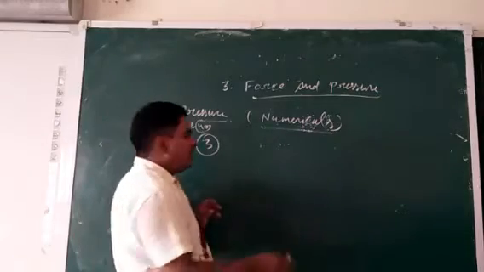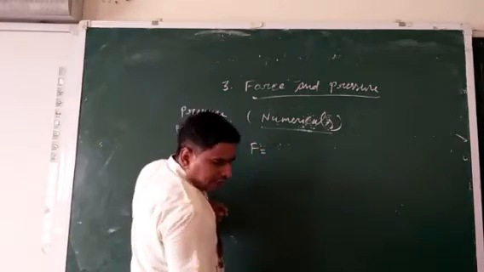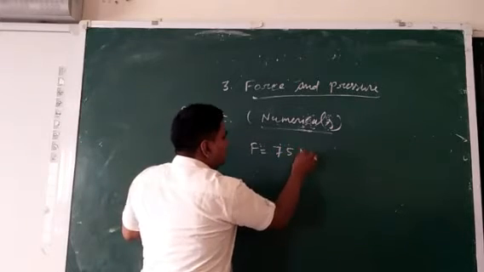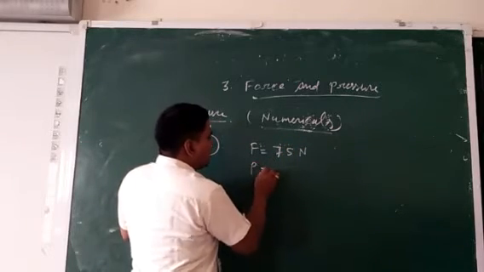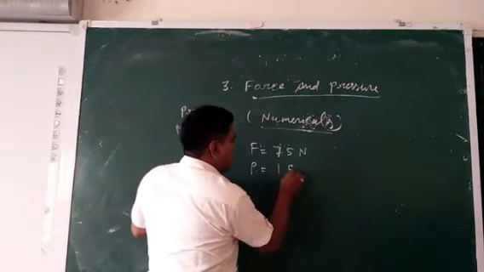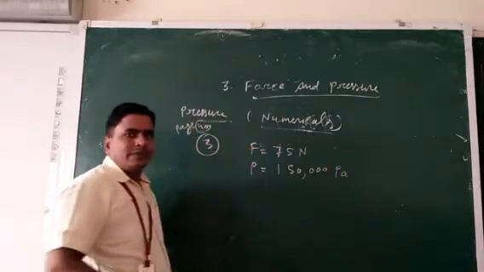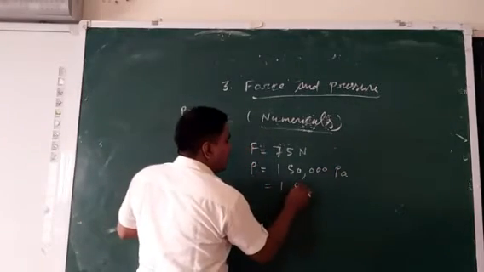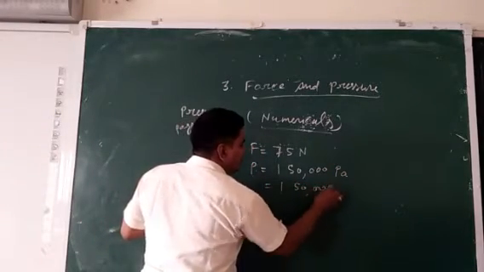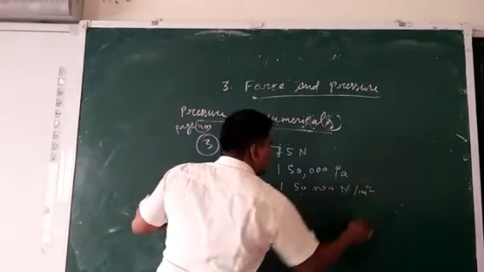What values are given here? The value of force is given, 75 Newton, and the value of pressure is given, 1,50,000 Pascal, or 1,50,000 Newton per meter square. Clear?